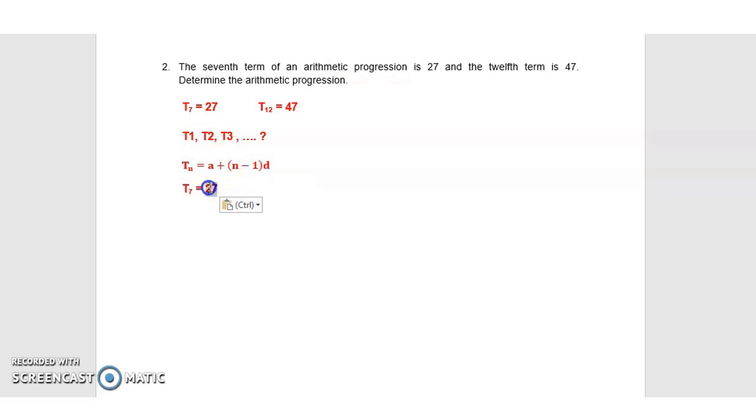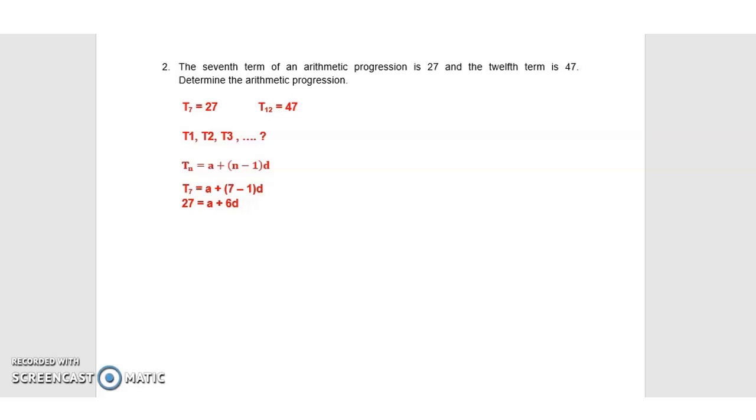Now we write T7 in its general term. T7 equals A plus, with N equal to 7, (7 minus 1) multiplied by D. We do not know the first term or the common difference, so we just keep A and D. We know that T7 equals 27, so 27 equals A plus 6D.